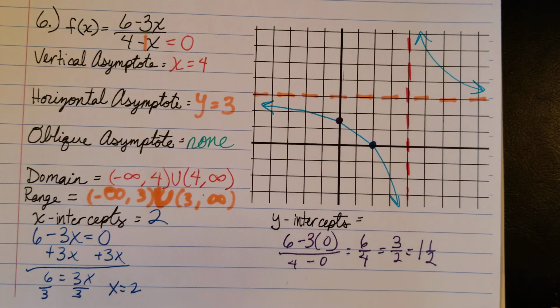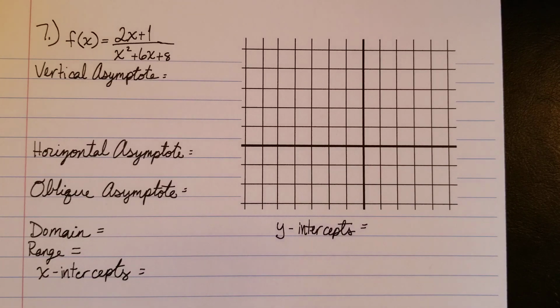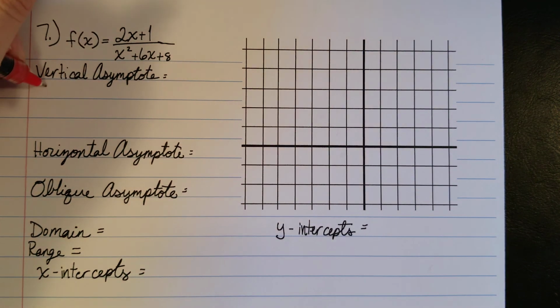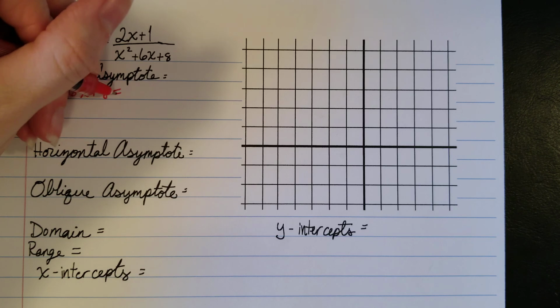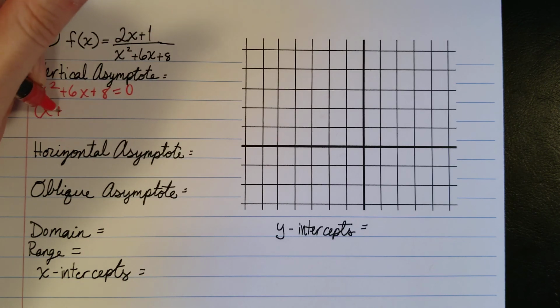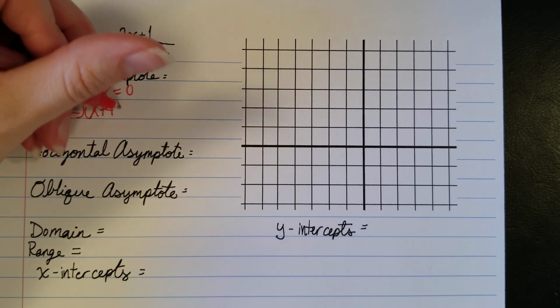Number 7. All right, so to find the vertical asymptote, we will set the denominator equal to 0. So that's going to require a factoring again. That's going to be x plus 2 and x plus 4.